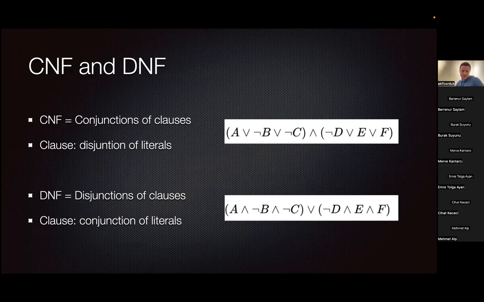The key point here is a clause cannot have a not operator in front of it. The negation operators should be in front of literals and not clauses. That's the important aspect of this kind of representation.